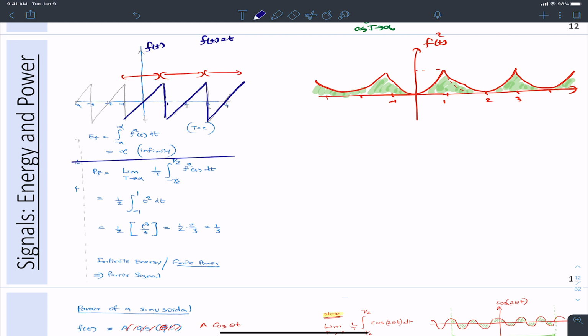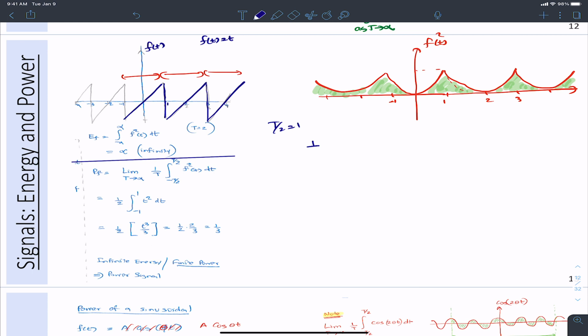So what we are going to do is set T/2 equal to 1, and I will explain why.